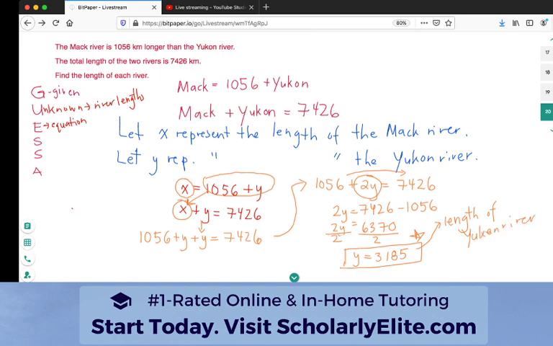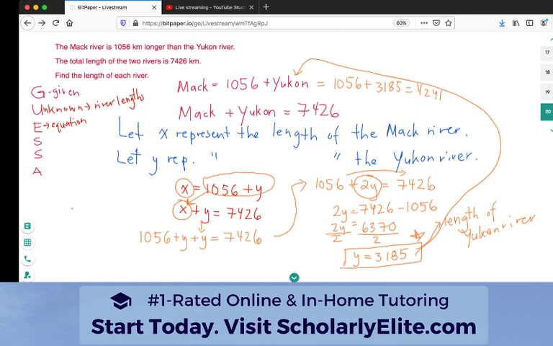Well, we still need the length of the Mac River. No problem at all, because we can just take this information and plug it in right here. That's going to be 1056 plus 3,185, which is 4,241.